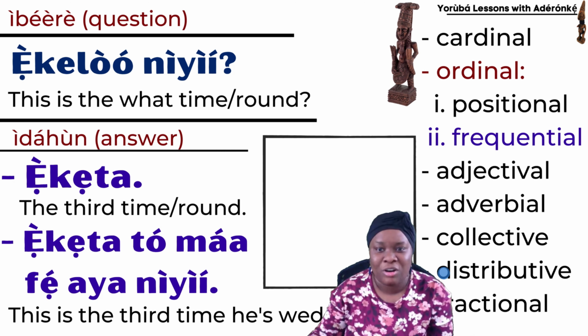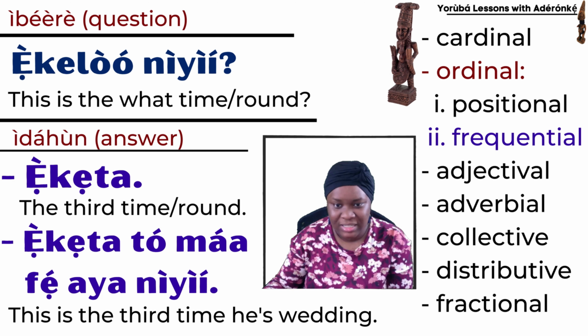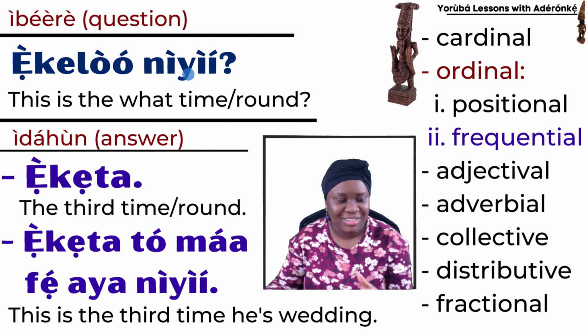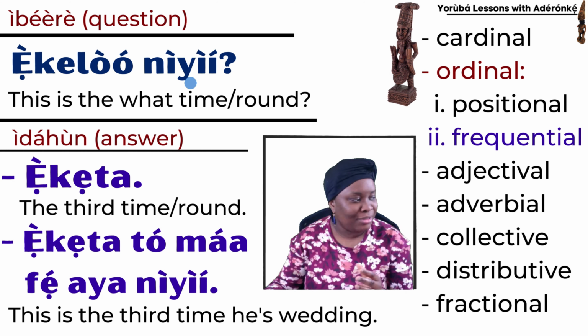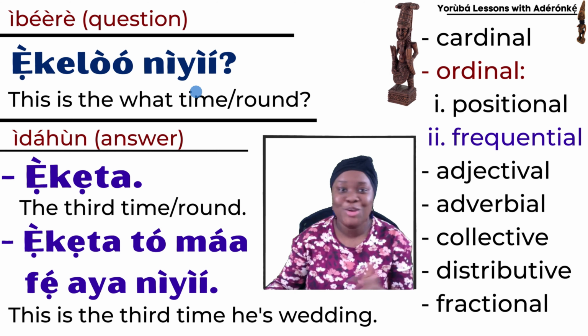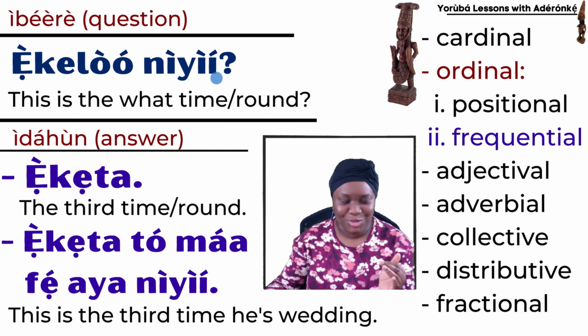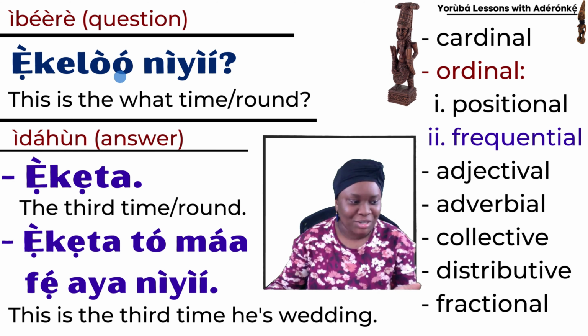If somebody asks, ekeloni, this is the what time. Say somebody got married and the visitors, the nosy visitors who are looking to gossip, somebody among them asks, what time is this?